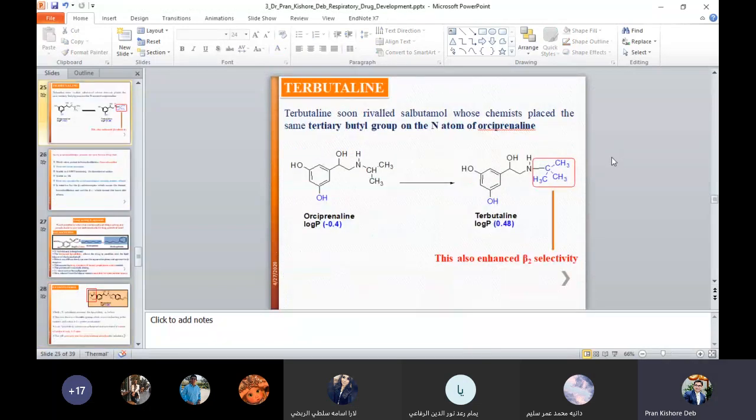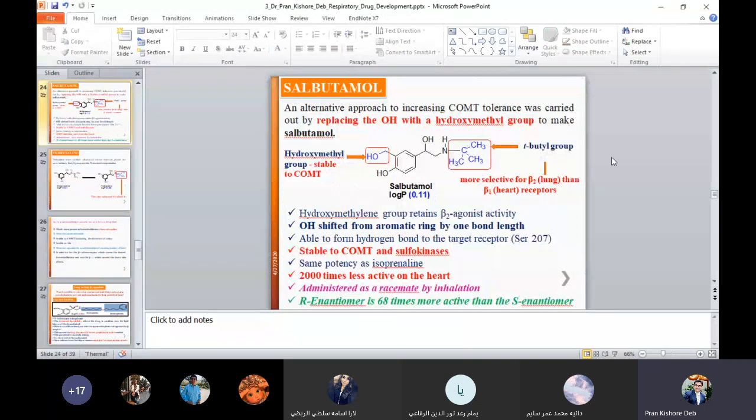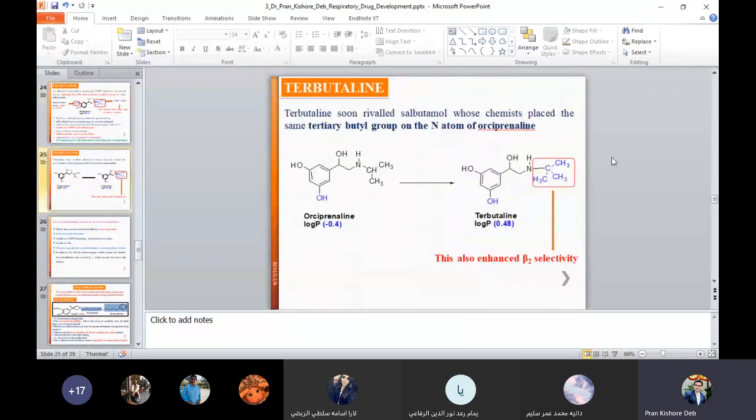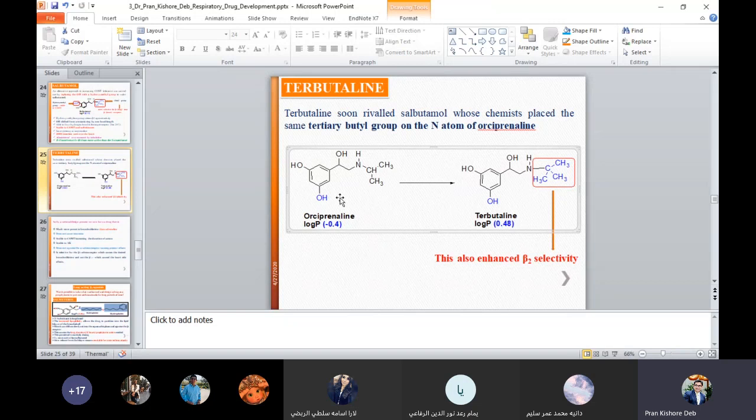Okay, so I move to the next, terbutaline. If you remember these key points and keywords, you don't need to remember the whole slide. The entire chapter is based on a few concepts only. Terbutaline resembles salbutamol, where the chemist replaced the tertiary butyl group on the N atom of orciprenaline. So terbutaline was actually discovered by modifying orciprenaline.